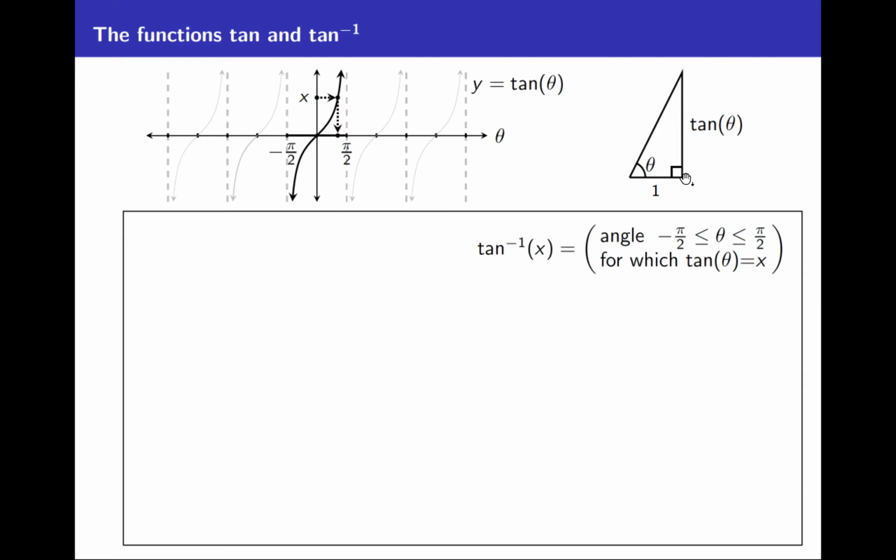So the opposite side is equal to tangent of theta. So in this triangle right here, we have a geometric picture of tangent of theta. Draw a right triangle with adjacent side 1. The opposite side is going to be tangent of theta.